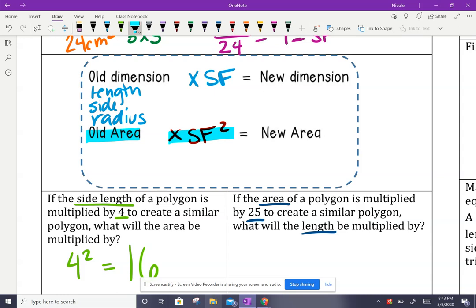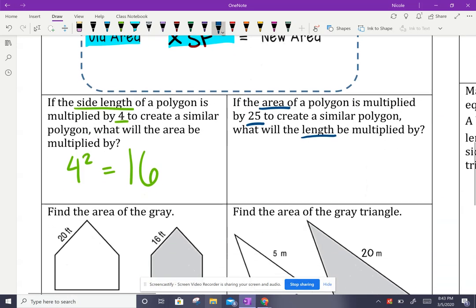So for the length, I need to look at just the scale factor. So I'm going to get rid of the square. So I'm going to square root it. You can say scale factor squared is equal to 25. To undo that square, you square root both sides, guys. And scale factor is equal to 5. So we're multiplying the side length by 5.